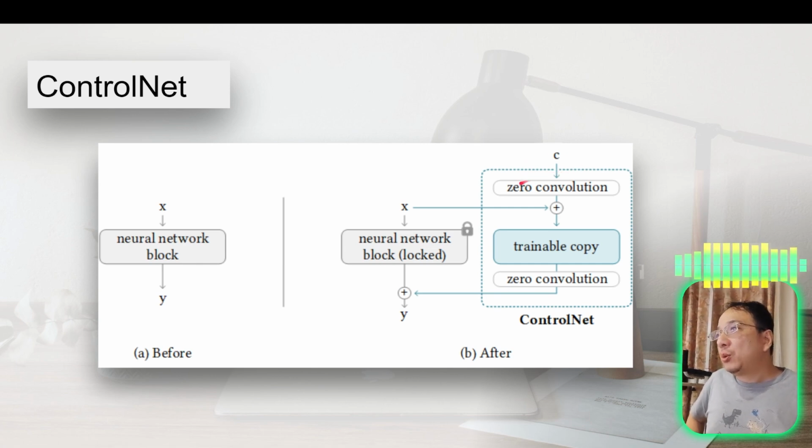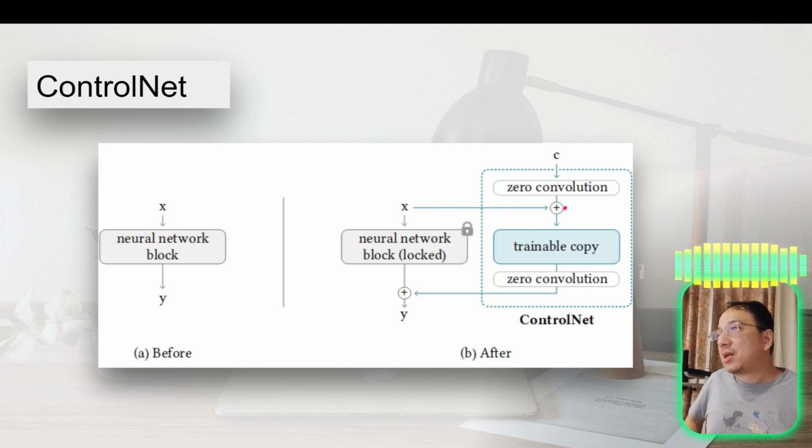So first of all, we do a zero convolution and we do the summation of the original X with the result of the zero convolution of the original condition. The zero convolution is simply a convolution, but its kernel and bias are all zero. So the output, at least at the very beginning, should be all zero.